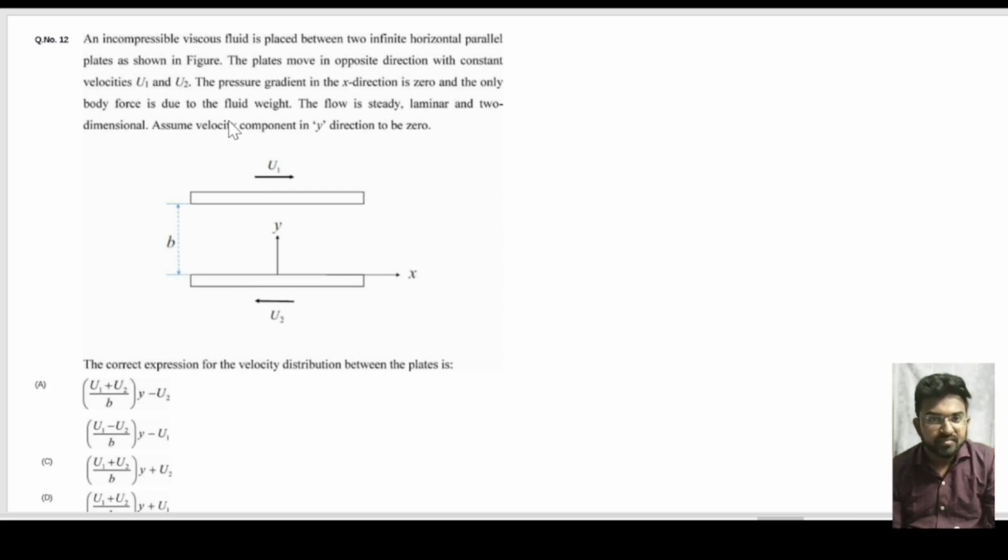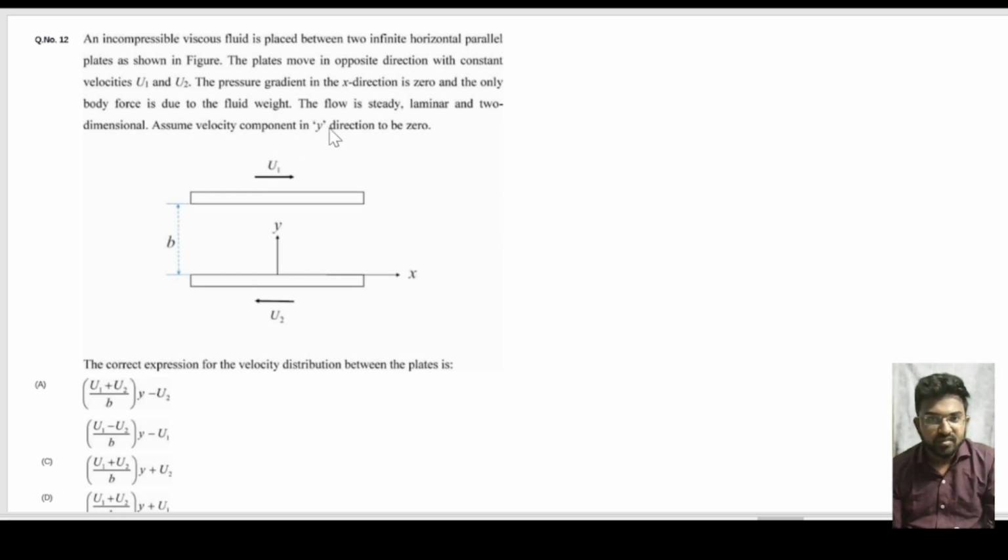Then they are saying the pressure gradient in the x direction is 0 and the only body force is due to the fluid weight. I have already told this when I was deriving the equation, that we are considering only body force as weight.